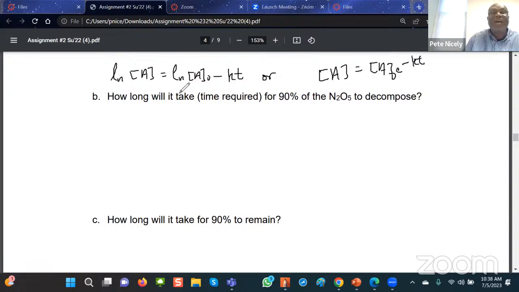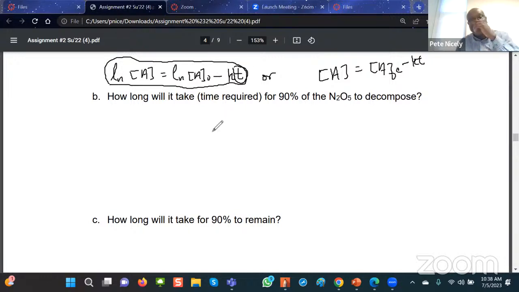Now, of these two, I would prefer to use this one here, because you can use that to calculate t directly. All you have to do is rearrange it algebraically. So, now that I've said all that, how would you tackle this problem?